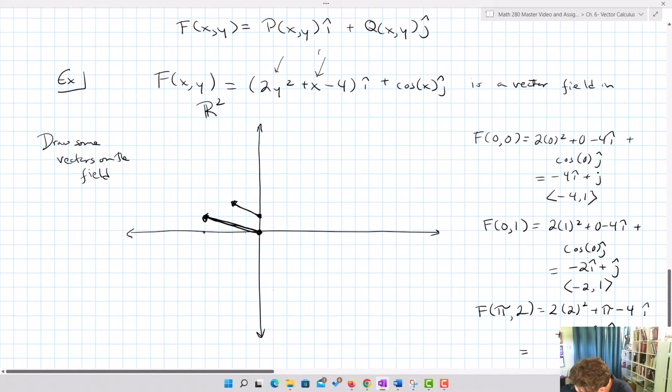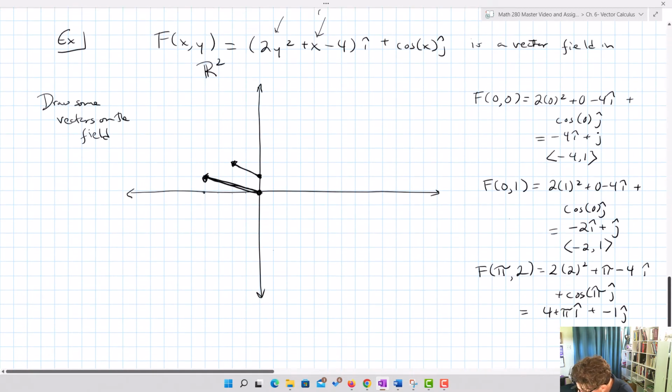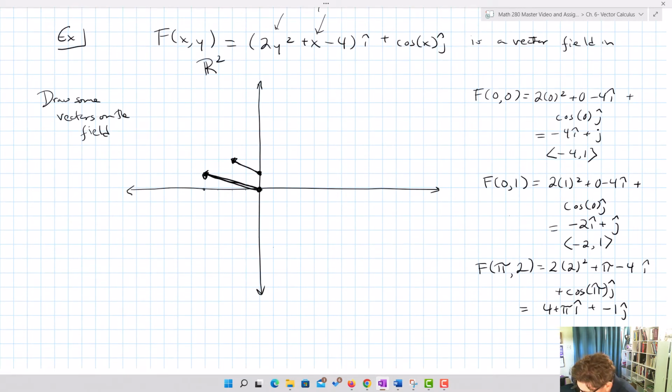And what we get is 8 minus 4, which is 4. So we get 4 plus pi i plus, and cosine of pi is negative 1 j. So we can see now, if we go out, what we've got here is pi, 2. So that's 1, 2, 3, 3.14 or so, right?